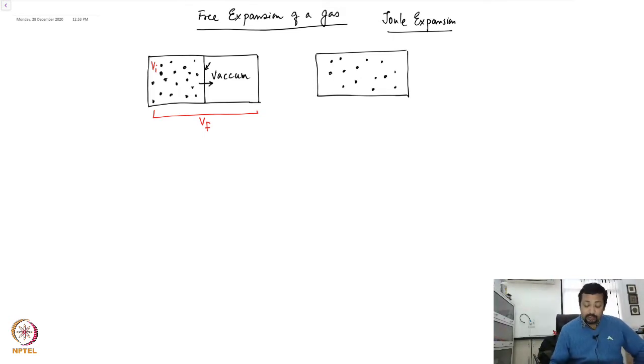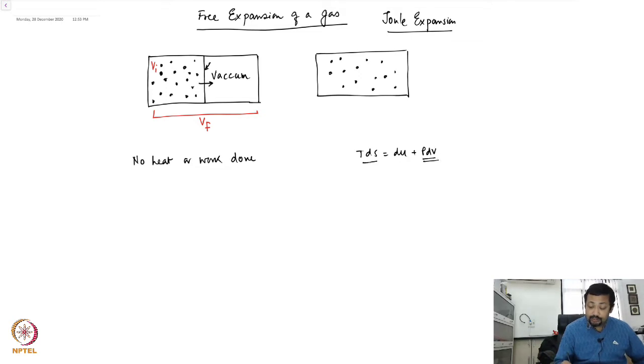So the question now comes in that I want to see if there is a change in temperature. Please note that there is no heat or work done in the system, so that I have TdS equal to dU plus PdV for a hydrostatic system, and there is no work done, there is no heat, so this implies dU is 0.